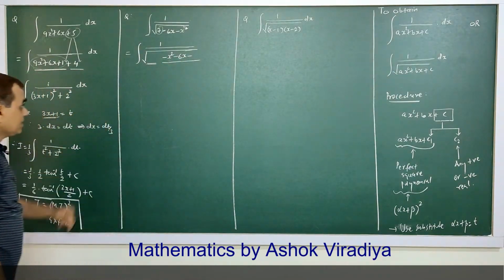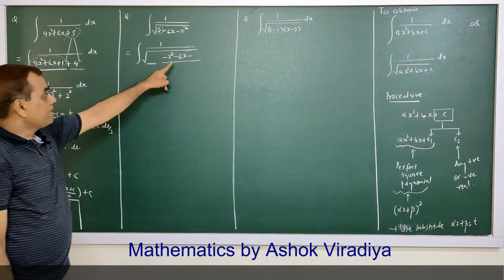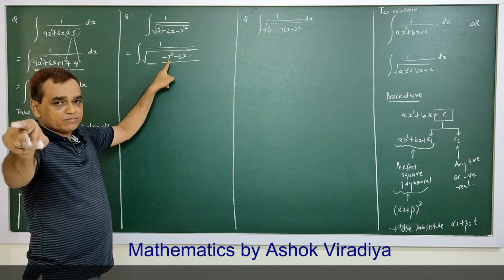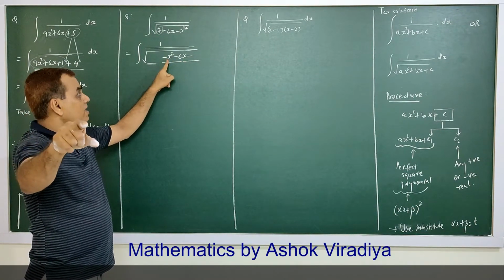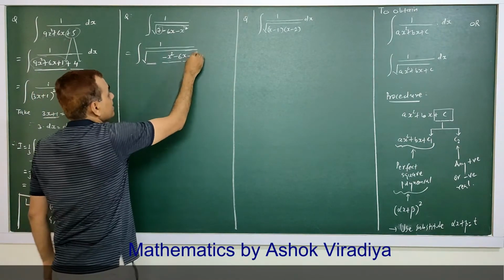Now the last term is the middle term square upon 4 into the first term. Middle term square, 36x square, upon 4 into the first term, so 36x square upon 4x square. So 9.